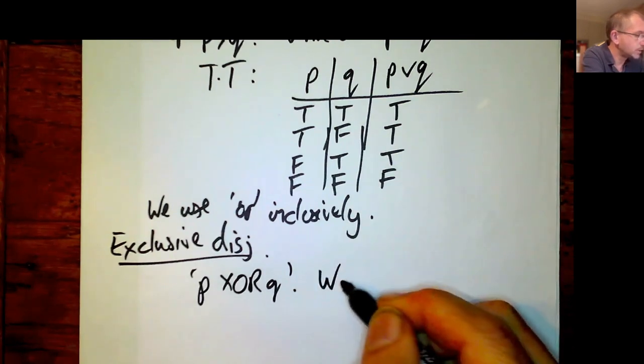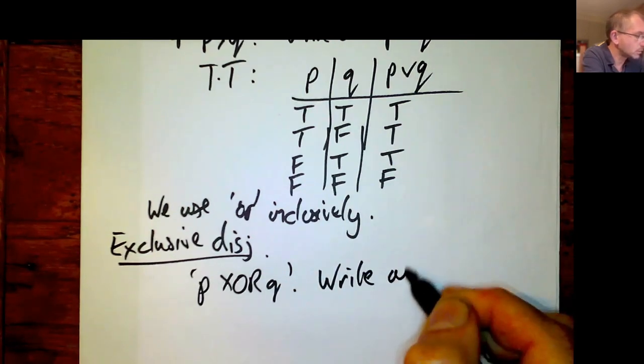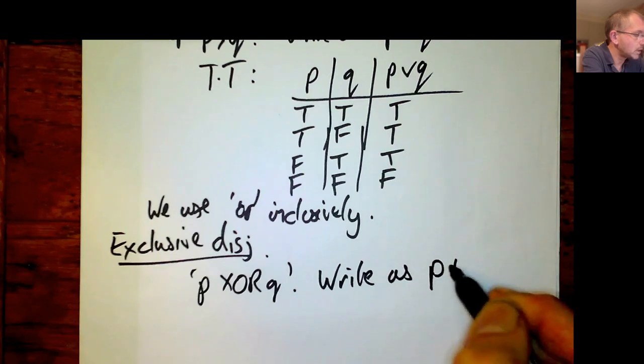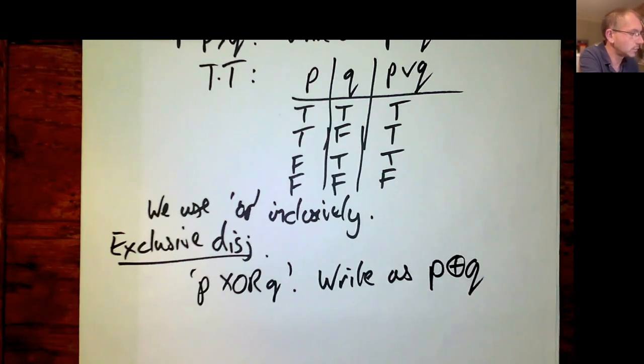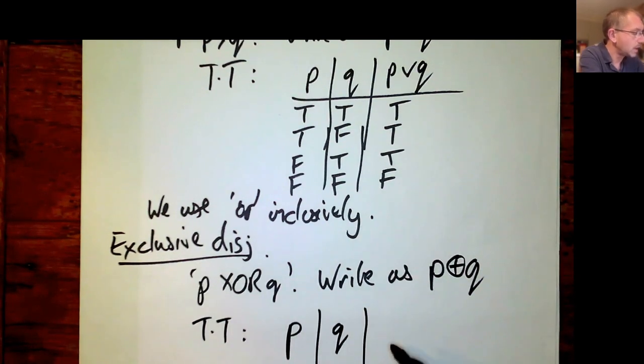So we write it as P direct sum, a plus with a circle around it, Q, and the truth table is as follows. And it's just what you get when you say P is true or Q is true, but not both.